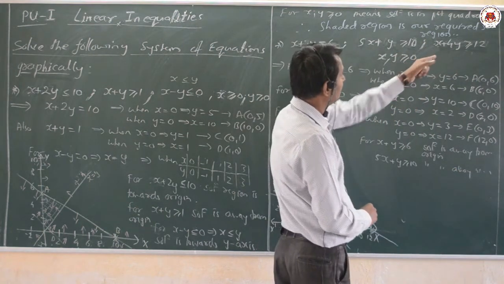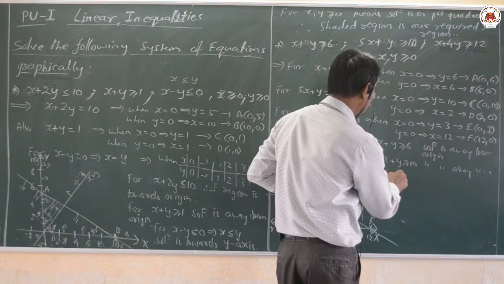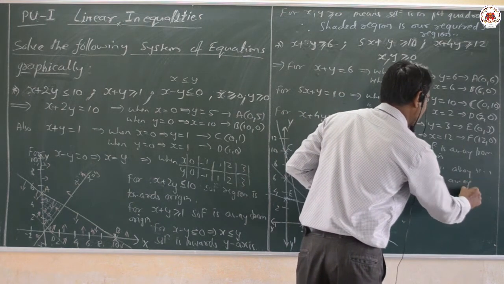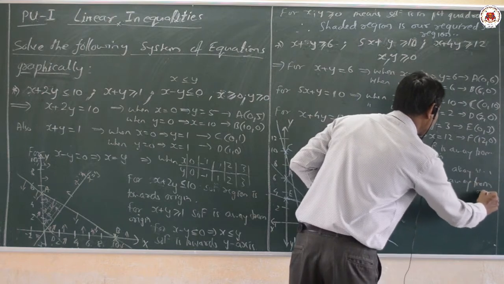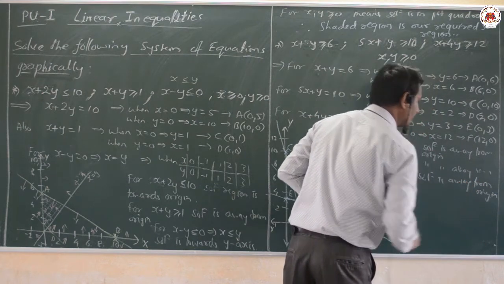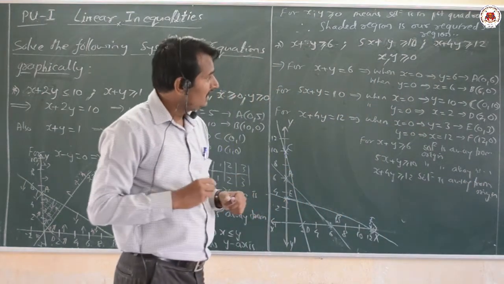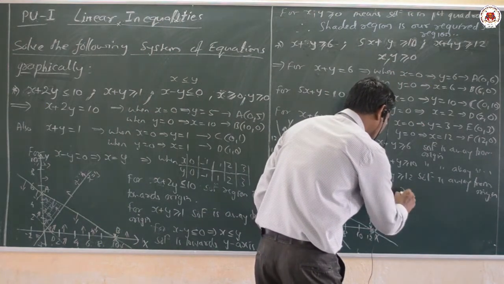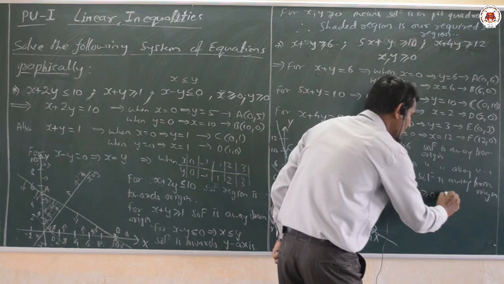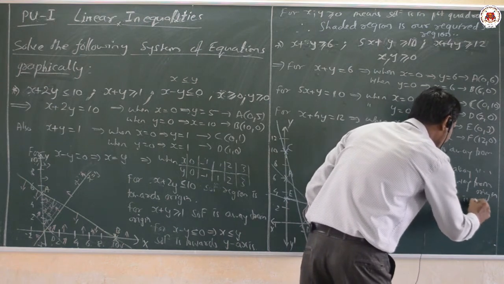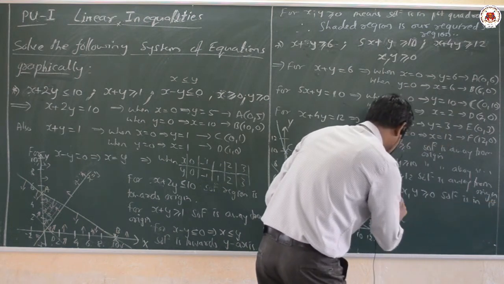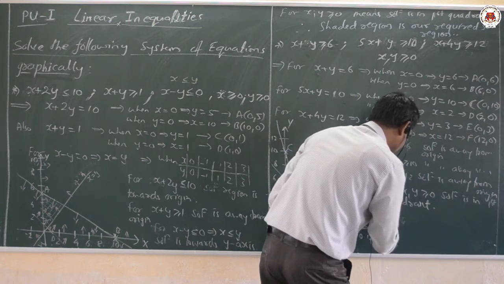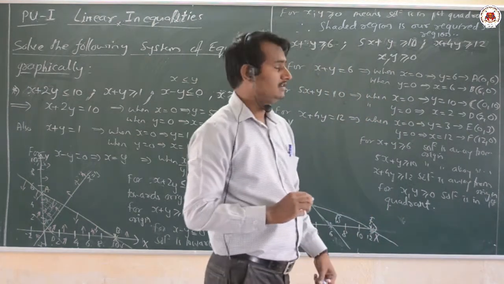Similarly, for the third line, that is x plus 4y greater than or equal to 12, the solution is away from the origin. This is the first thing. Then afterwards, dear students, for x, y greater than or equal to 0, the solution is in the first quadrant. That is our required thing here.